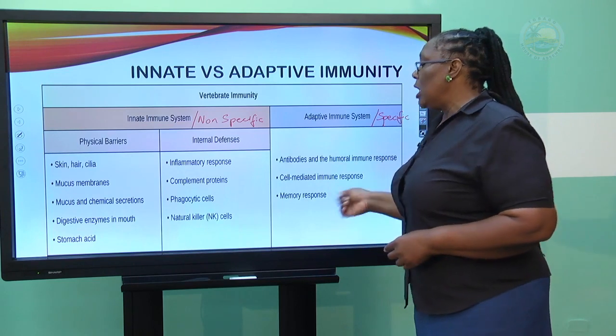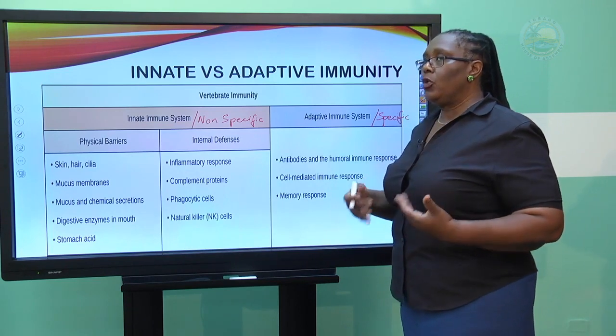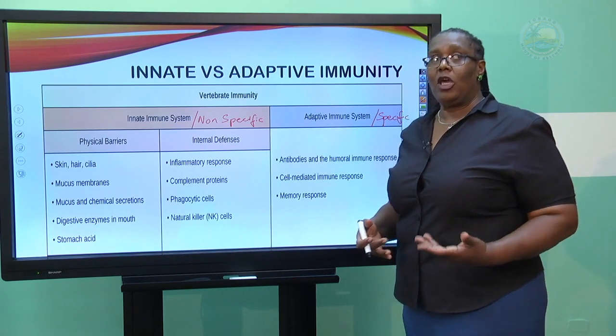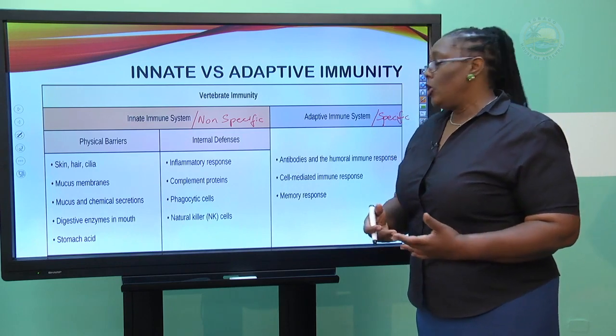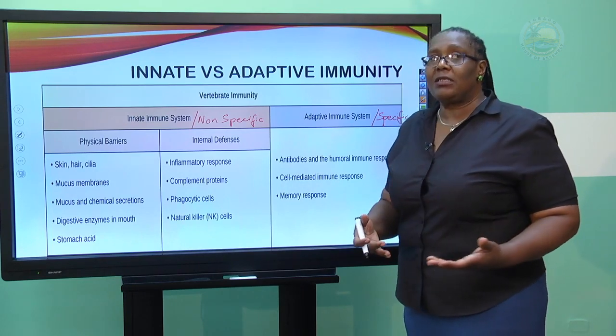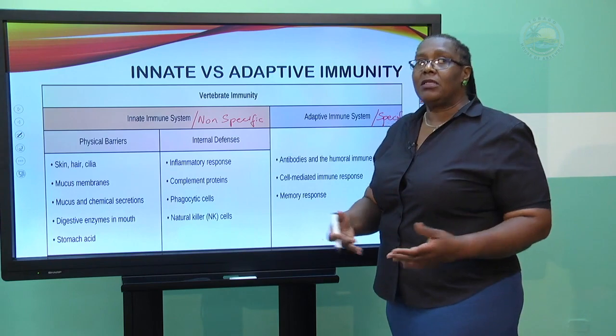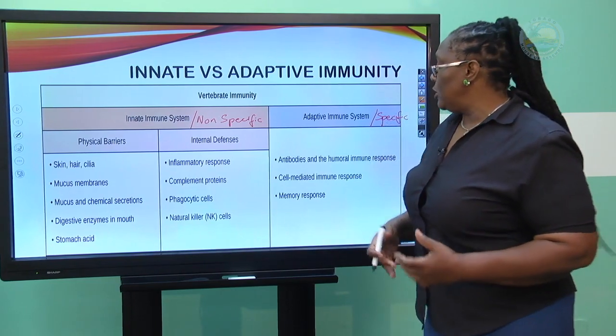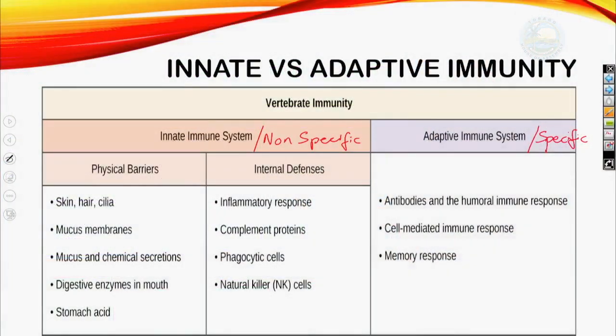So this one, you are not born with it, so to speak. You develop them. You have more or less the precursors to them. You have the beginnings of what they can become. But these develop as you interact with a pathogen, right?